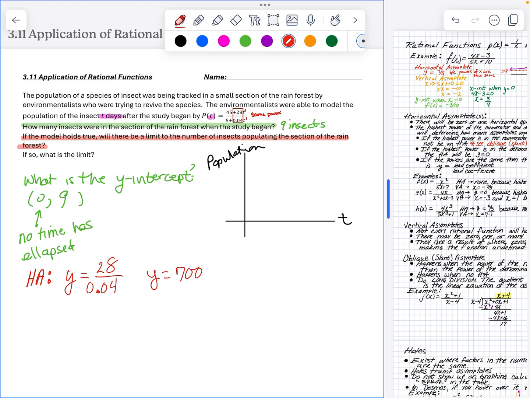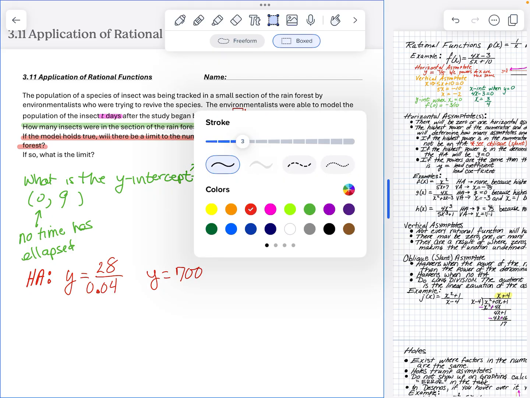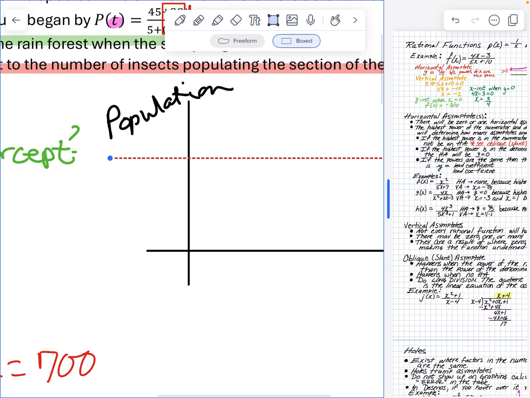So there is a horizontal asymptote that runs right through here. This is y equals 700.